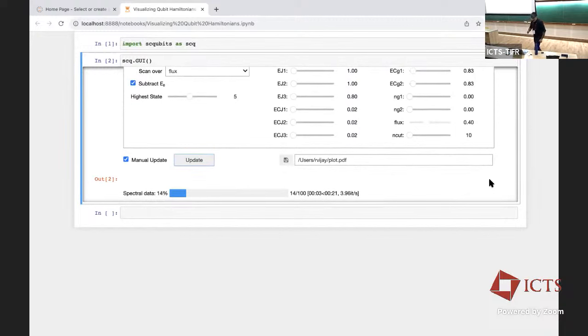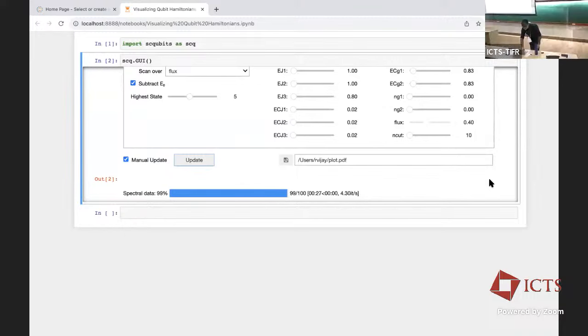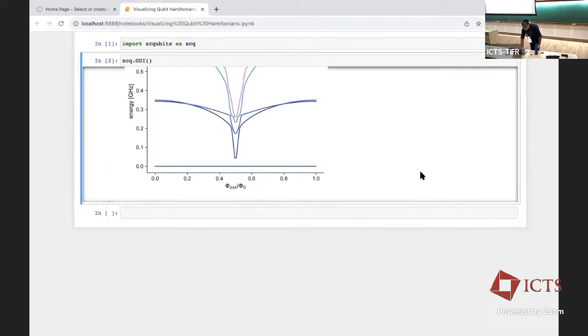It very cleverly changes the update to manual when the calculation is heavier, because here it takes a little bit of time. So as a function of magnetic flux, these are the different levels with the 0 level subtracted. So you have this very strong dependence of the frequency for the flux qubit.